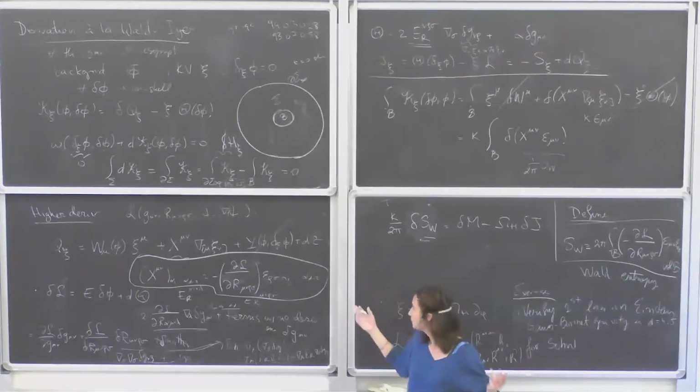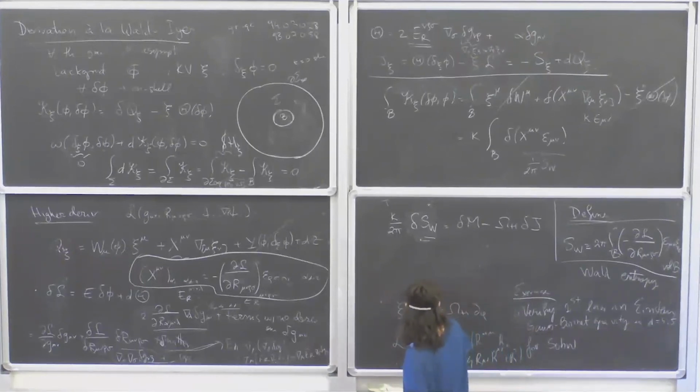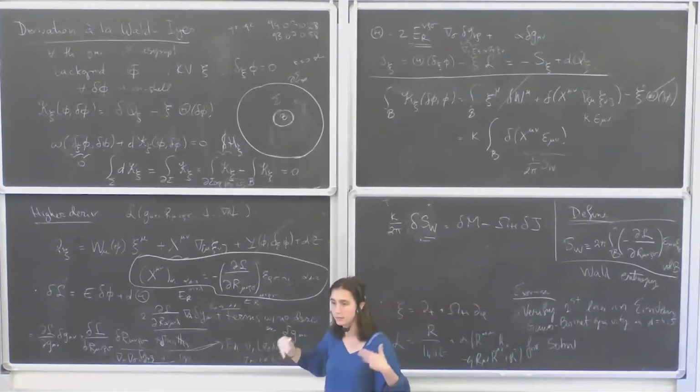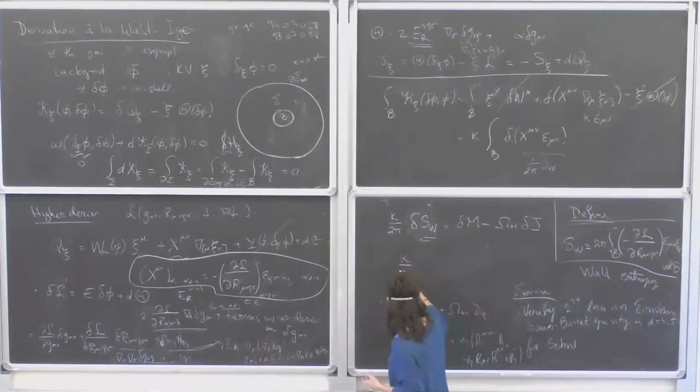Of course, I guess just a year later, Hawking showed that if you include quantum effects, then black holes actually do radiate and they do have a temperature. So I want to write this: kappa over 2 pi, and delta A_H over 4G.